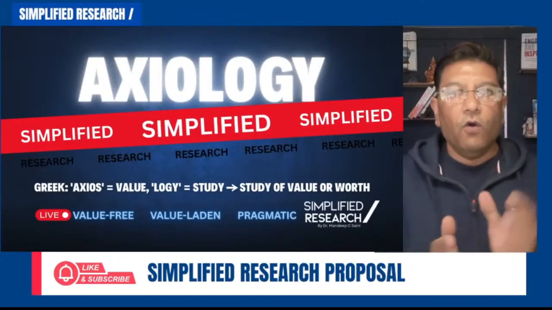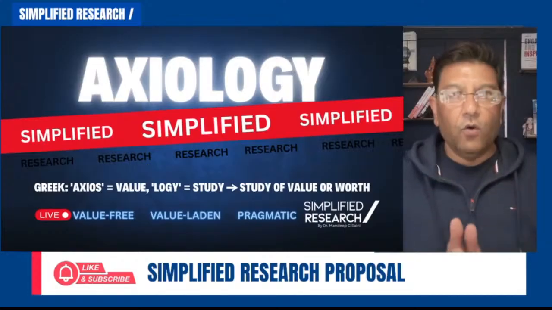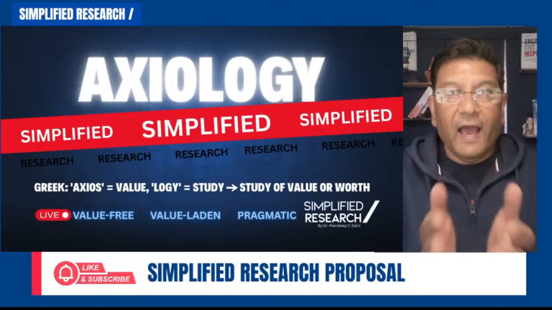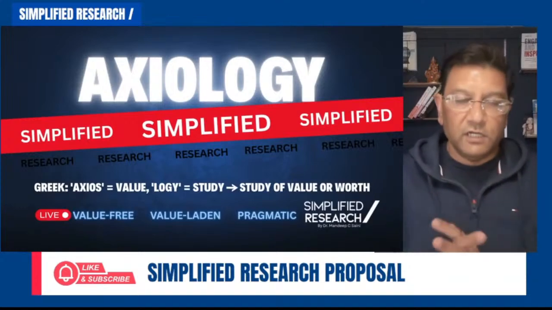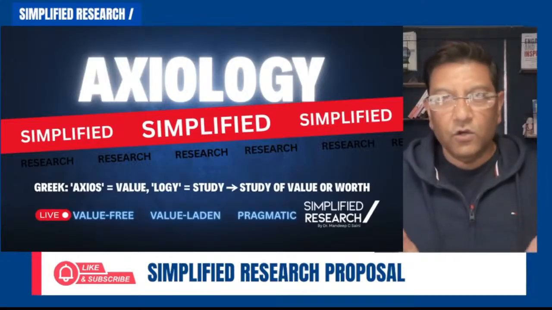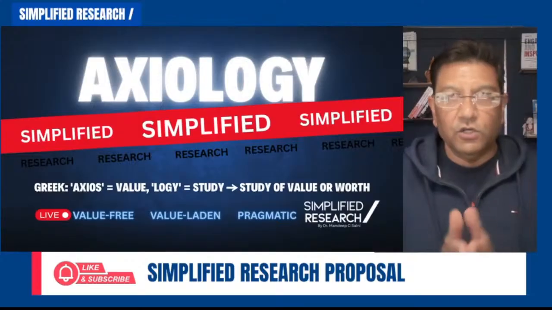The study of value, how the study will provide value, or what your value as a researcher will go into the study. Now you might be thinking, what is your value? What value can you put in the research methodology or in the research?